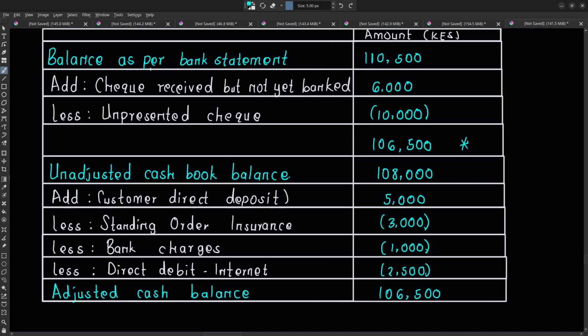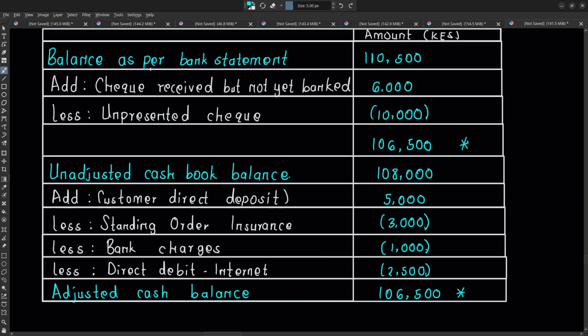Now you can see after adjusting for our bank with what they have not yet done on their end, the balance is 106,500. And also when we adjust our cash book balance, it is 106,500. Don't forget, you're not going to call the bank and tell them to clear the check, because by 30th of April 2026, they had not yet done that.